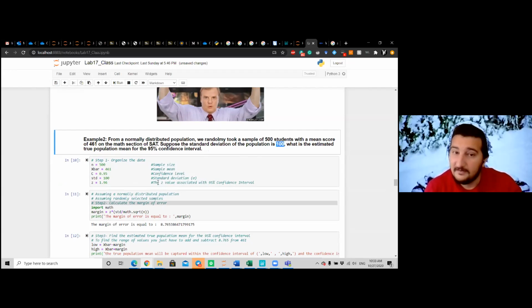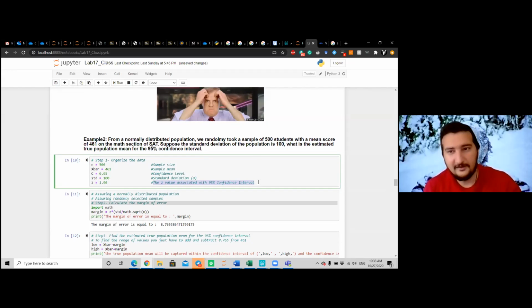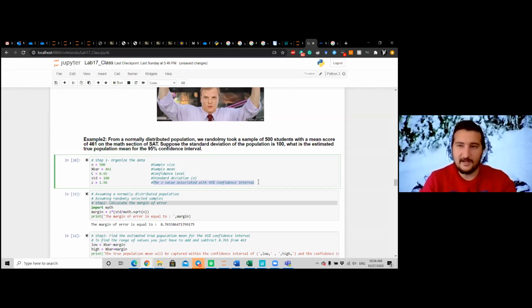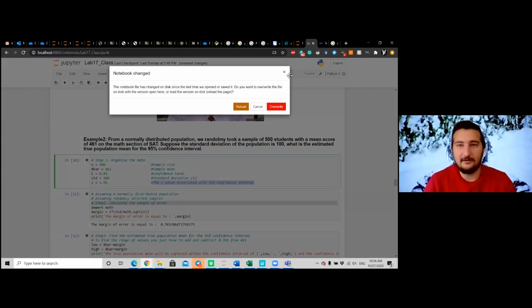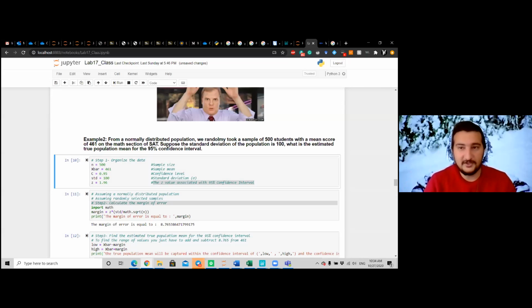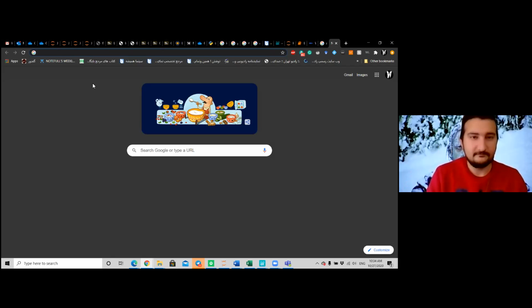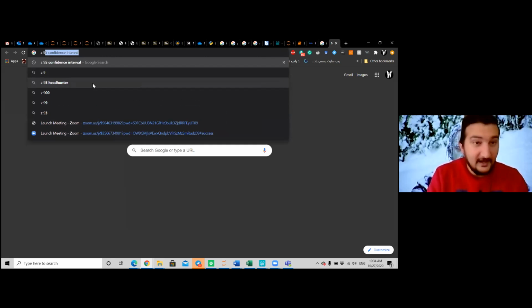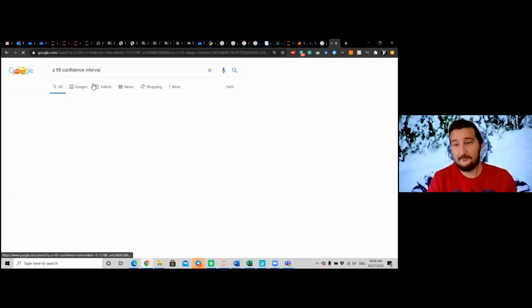And we know the z-value associated with the 95% confidence interval. How do we know that? There are actually tables for that, but since you are living in the beautiful era of the internet, you can just go and Google for Z 95% confidence interval.